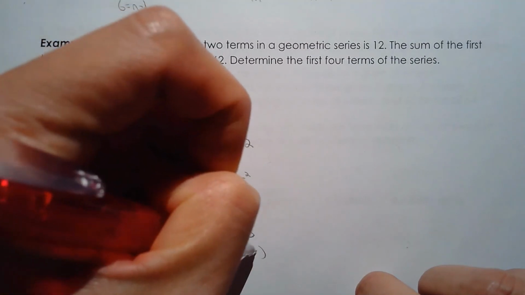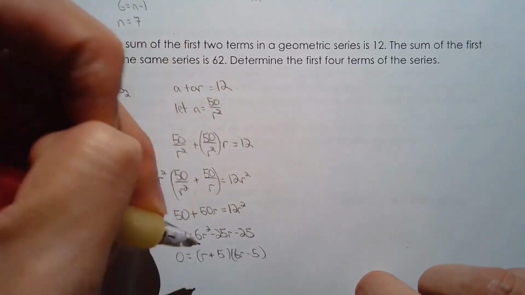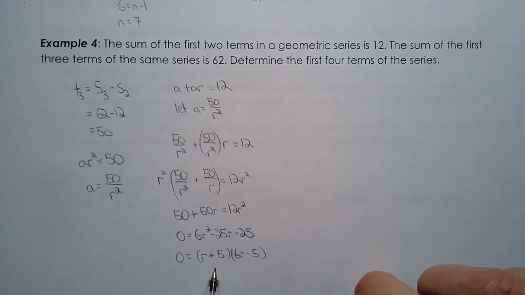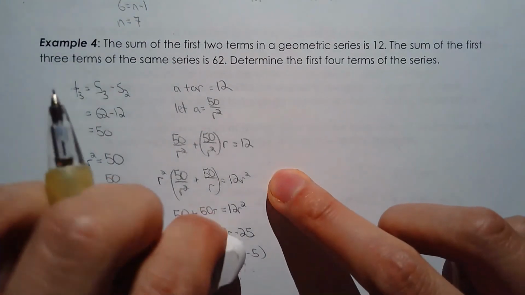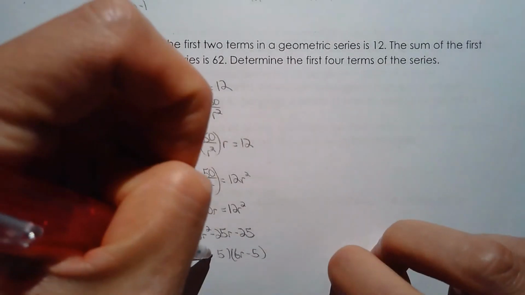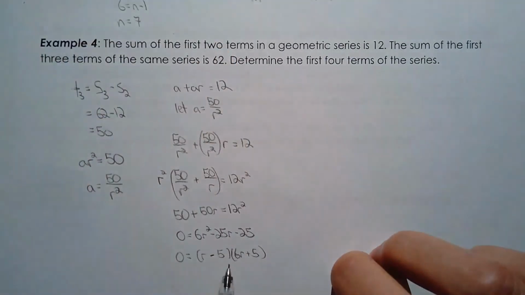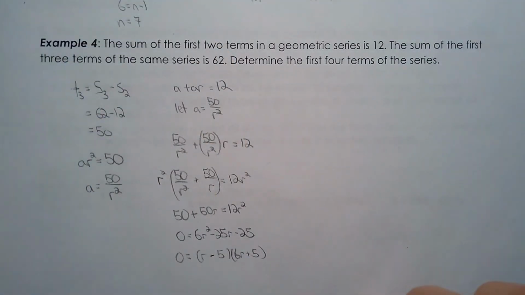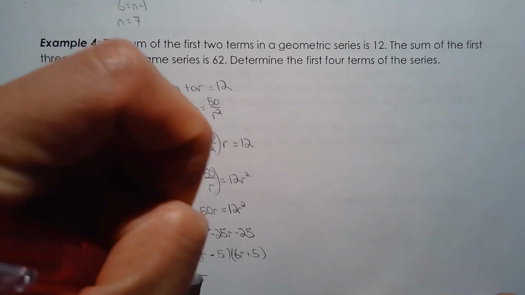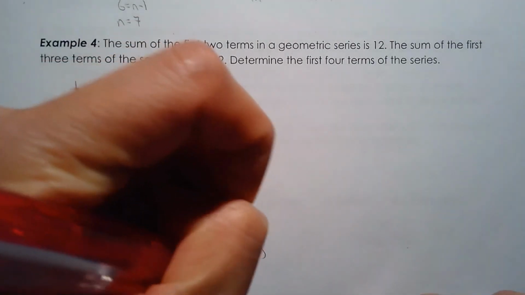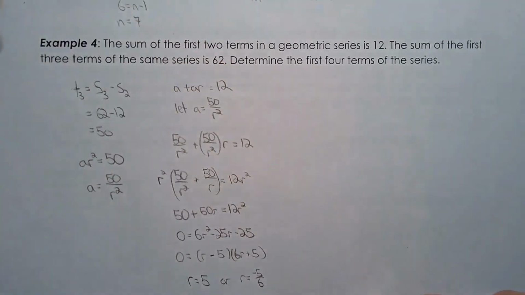Oops, no, minus 5 here, plus 5 here, right? No, other way around. I'm being silly. Yep, let's see, negative 30r, there we go. So r is equal to 5, or r is equal to negative 5 over 6.